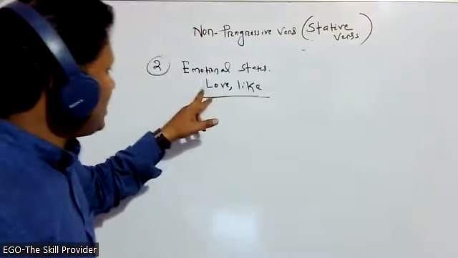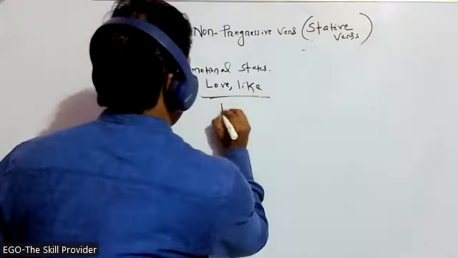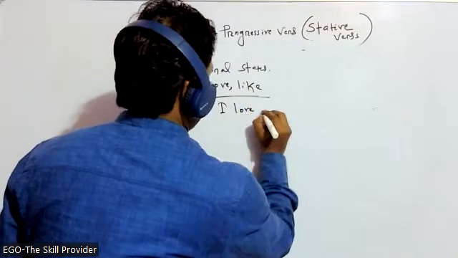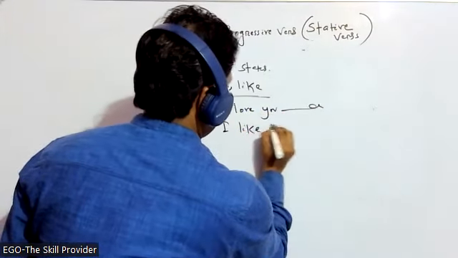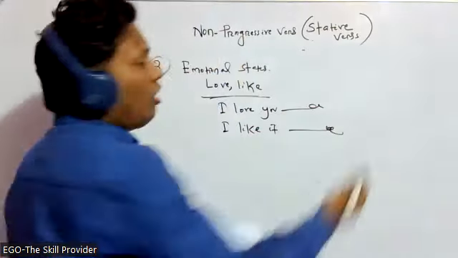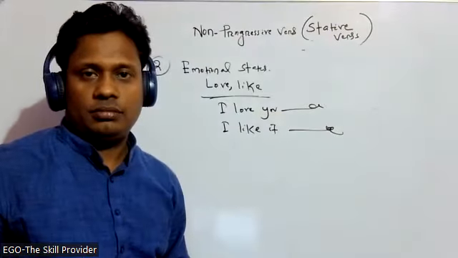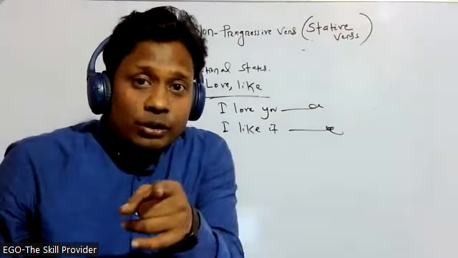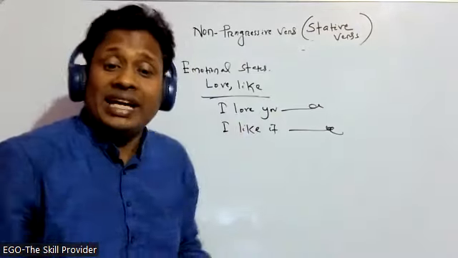Basically, these two verbs don't take the ing form. You can say I love you or I like it. You cannot say I am loving you, which is absolutely wrong. It doesn't have any meaning at all. "I am seeing you" can mean I am in love with you, but if you say I'm loving you, it doesn't have any meaning.